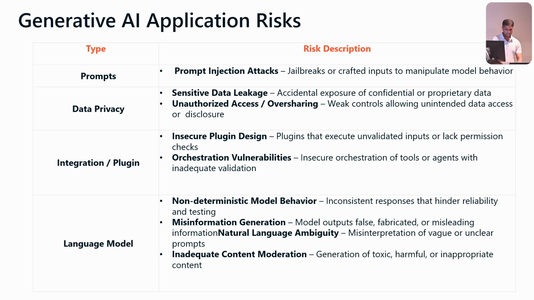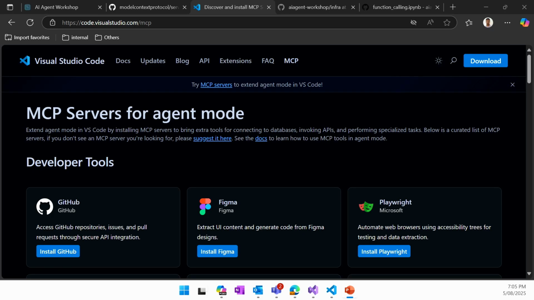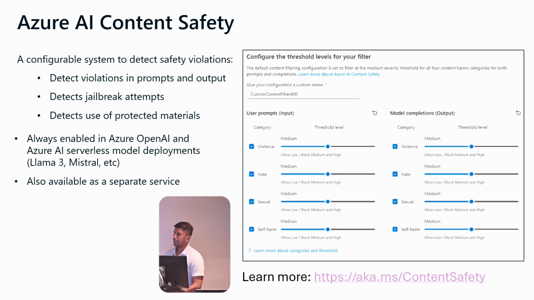All right, so in Azure, you would also find something called the content safety service, which you can use for some of these mitigations. You can use Azure AI Content Safety for input as well as output.